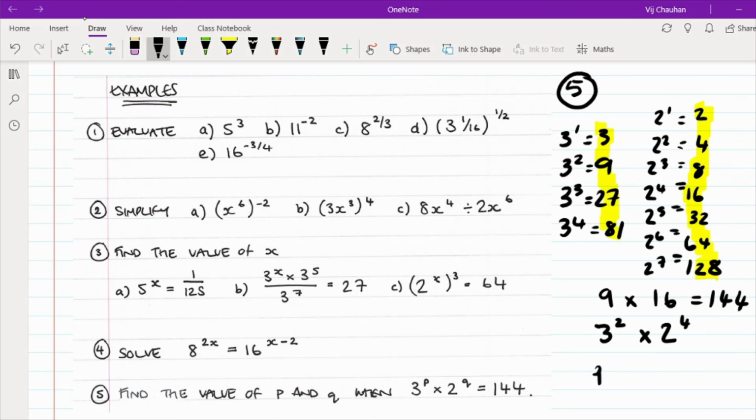So therefore p is going to equal 2 and q is going to equal 4.